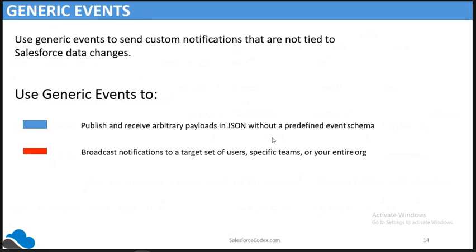We can broadcast a notification to a target set of users, specific teams, or your entire org. Basically, we can notify specific people also. For example, for a specific team, just the finance department, whatever users are there, I want to notify them that hey, you can have lunch tomorrow with me. You can use a generic event for that case.